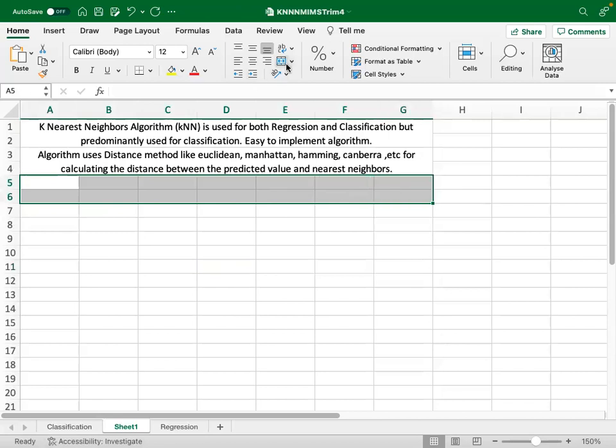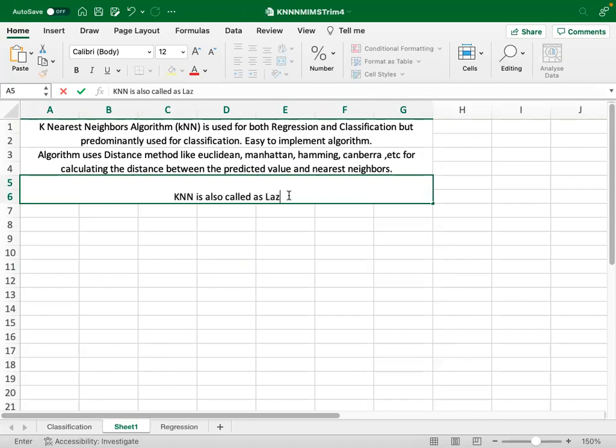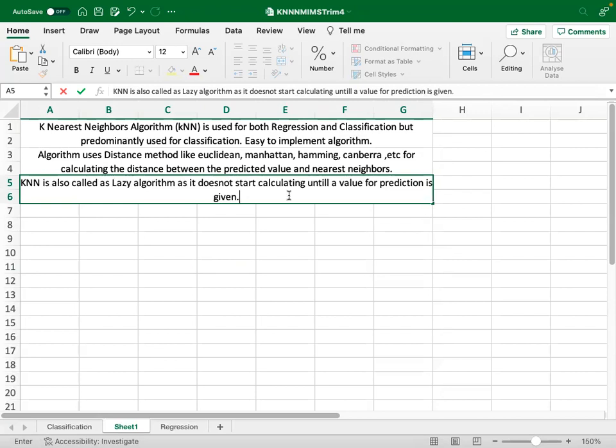KNN is also called a lazy algorithm, as it does not start calculating until a value for prediction is given. What it will do is simply store the data, and start calculating once a value for prediction is given.